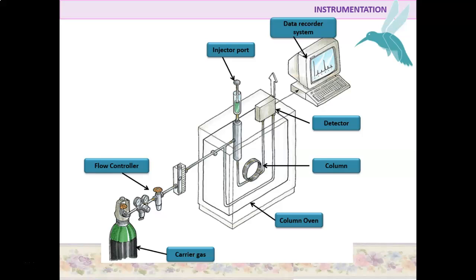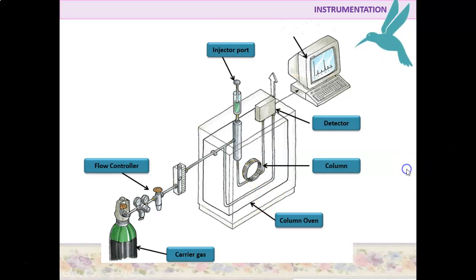Make sure that the sample to be dissolved can retain its thermostability and high volatility. If your sample is non-volatile, you cannot use gas chromatography. Otherwise, you can use HPLC, because GC is for samples that are volatile, which can vaporize into the environment.